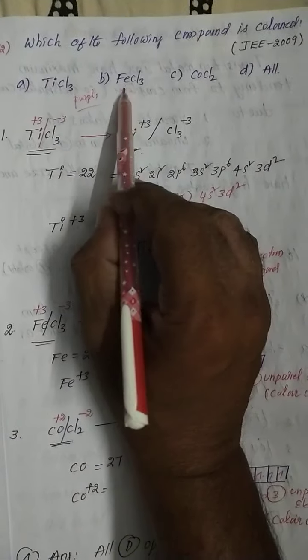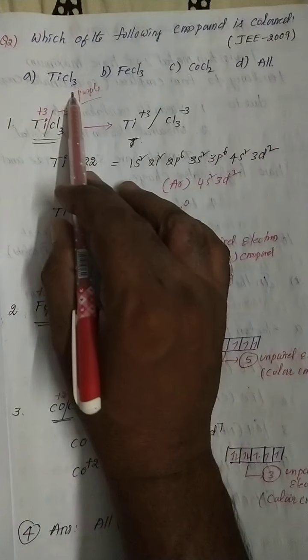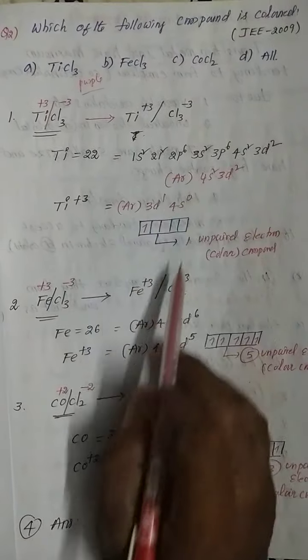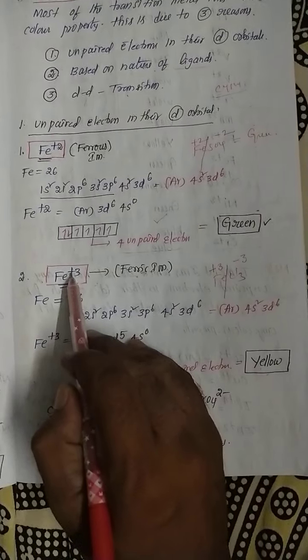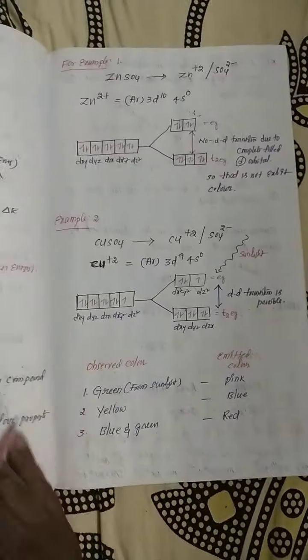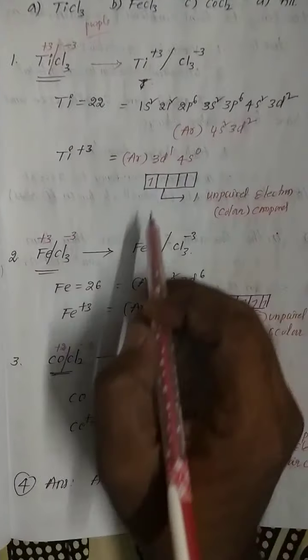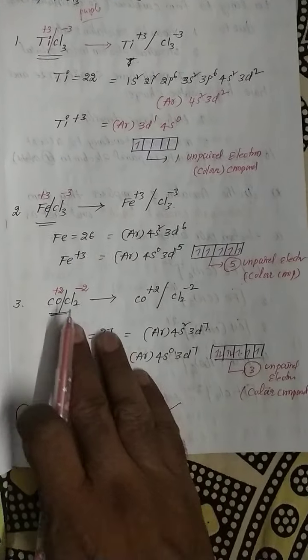And FeCl3, definitely unpaired electrons are there, so it is a colored compound. FeCl3 was already discussed. See here, Fe+3. Fe+3 means what is the color? Yellow color. So here it is a yellow colored compound. Because 5 unpaired electrons are there, this is also a colored compound.